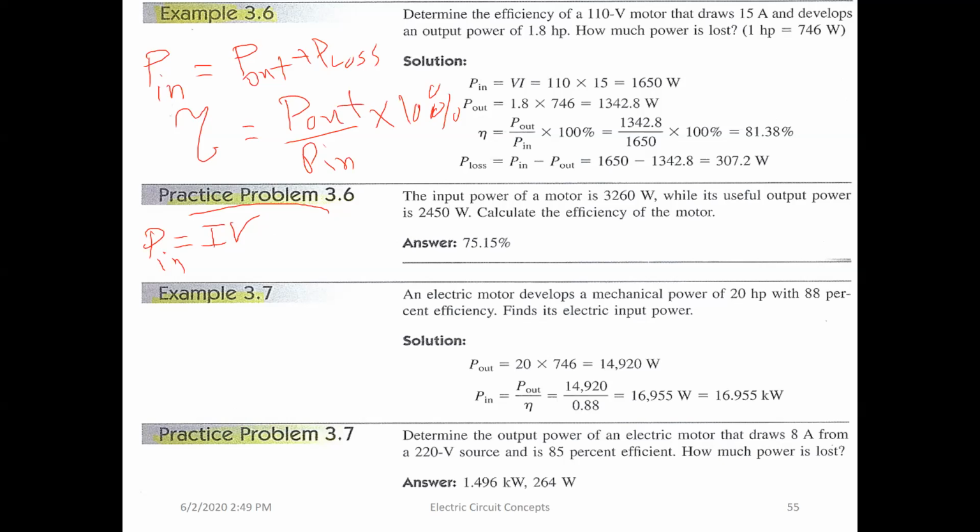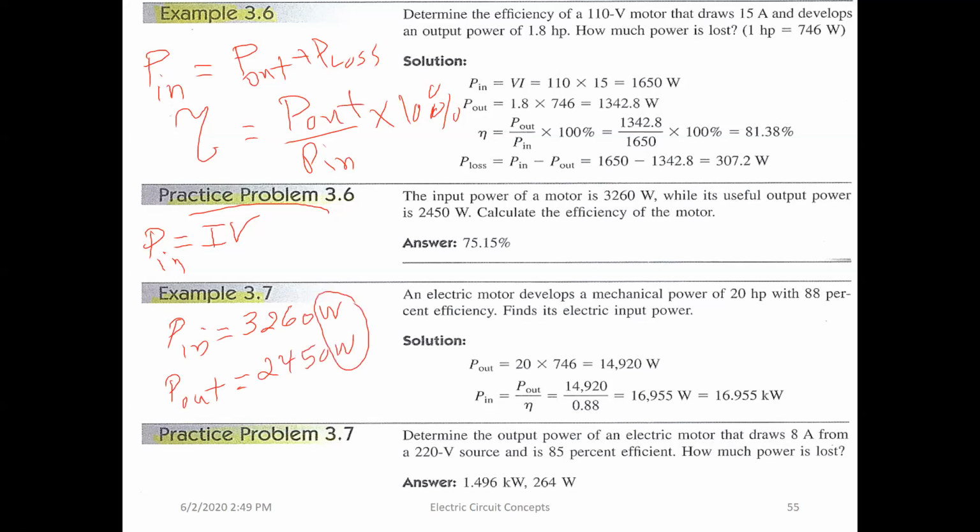So again, in this exercise, we are given Pin equal to 3260 watts, while its useful output power is 2450 watts.